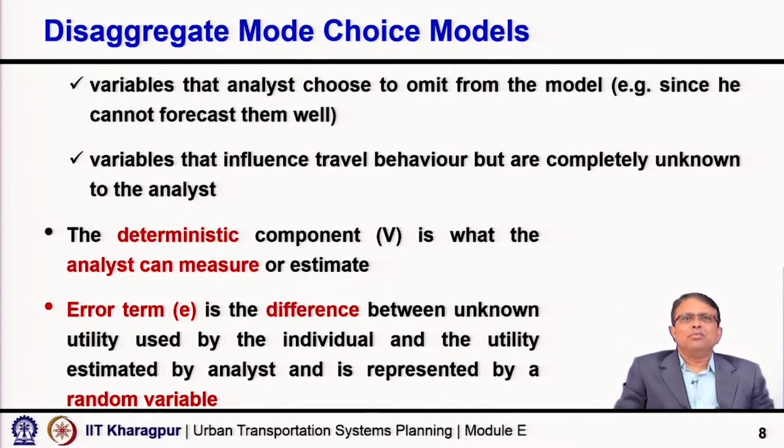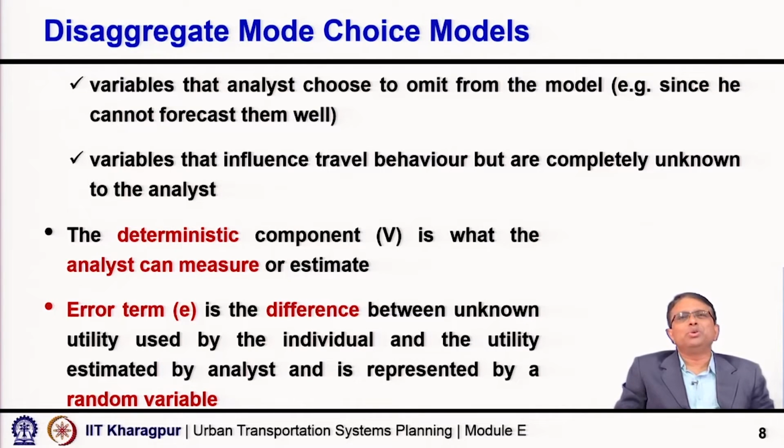The third, variables that influence travel behavior but are completely unknown to the analysts. Maybe there is something which, for some individual or some alternatives, is impacting the choice, but as an analyst I may not know that, because that behavior or that thing is not known.